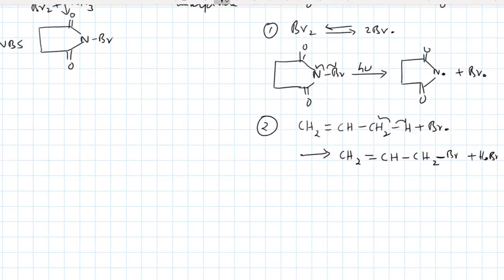I just showed it in one step. Now this will produce a free radical like this, CH2 double bond CH single bond CH2 dot, plus H dot. Now this will be attacked by the bromine to produce the product. Afterwards the bromine radical continues the chain reaction.